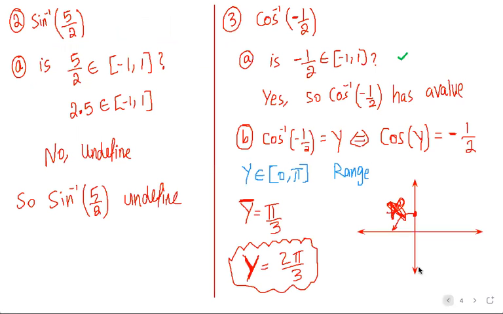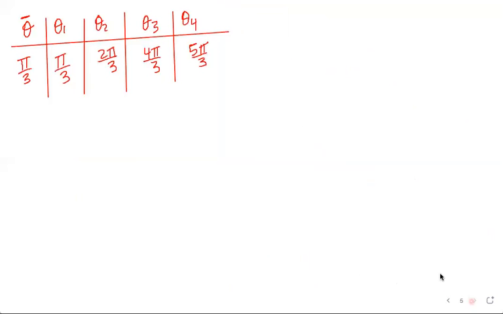In the question, the reference is pi over 3, but I need the angle in the second quadrant, so it must be 2 pi over 3. This is from the previous class. If you review, you will memorize all these things.